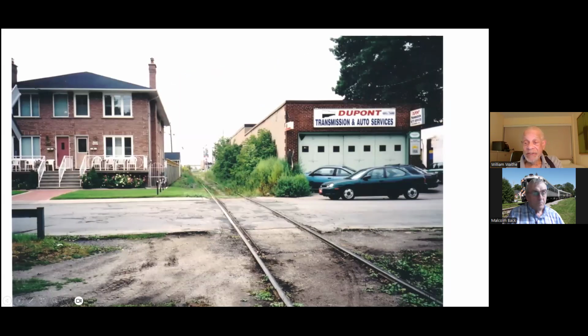Again, typical of urban railways. We have housing, small shops. And this is a track of Canadian Pacific leading into the distance where there's a large meat packing plant, St. Helens Meat Packing, which is one of the industries we modeled on the layout.